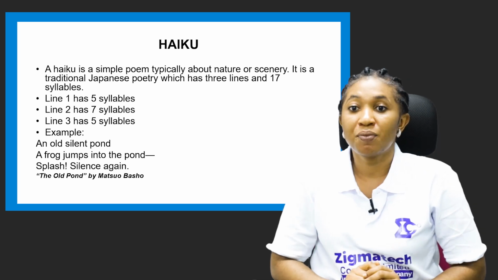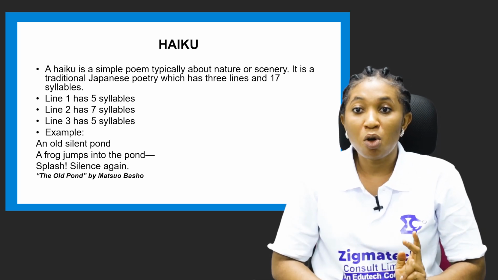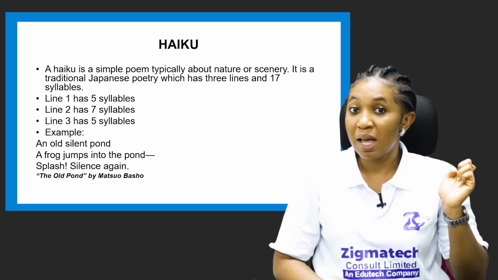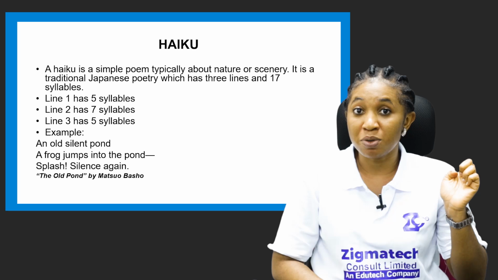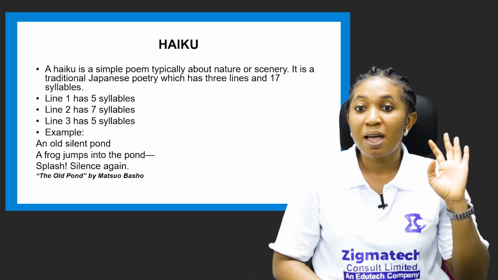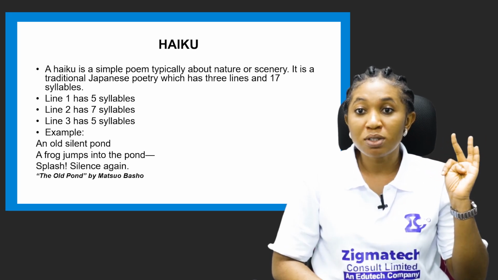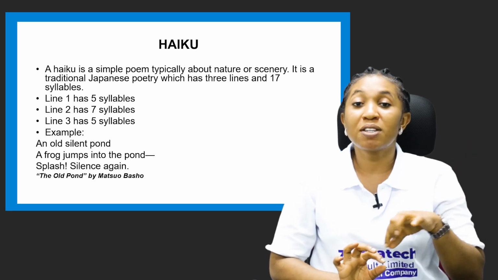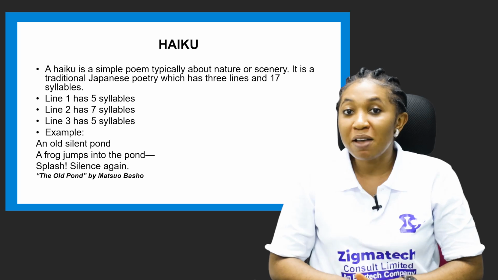Let's count it. An old silent pond. How many syllables? 5 syllables. Let's take it one more time. An old silent pond. So you see that the first line has 5 syllables.